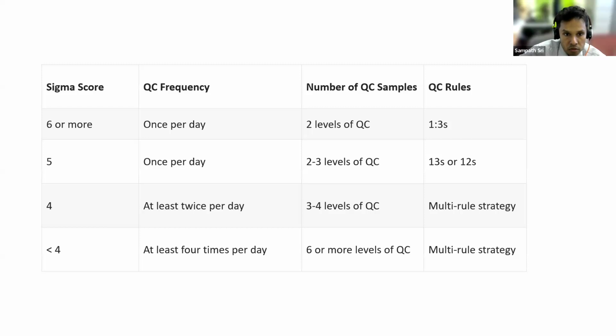Then we can reduce the number of levels that we are going to use, and also we can stick to 1 or 2 QC rules. If we have a low sigma score, that means we have to use more frequent QCs, more levels of QCs, and multiple rules in our IQC program.